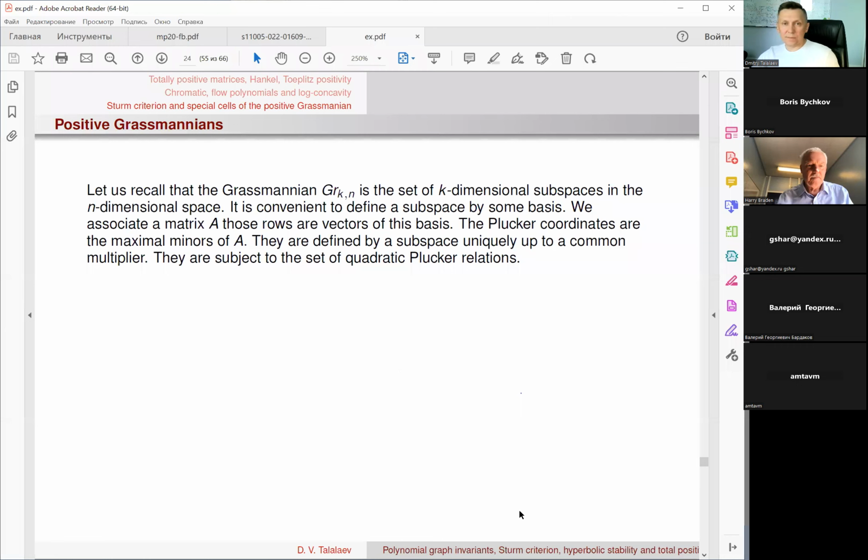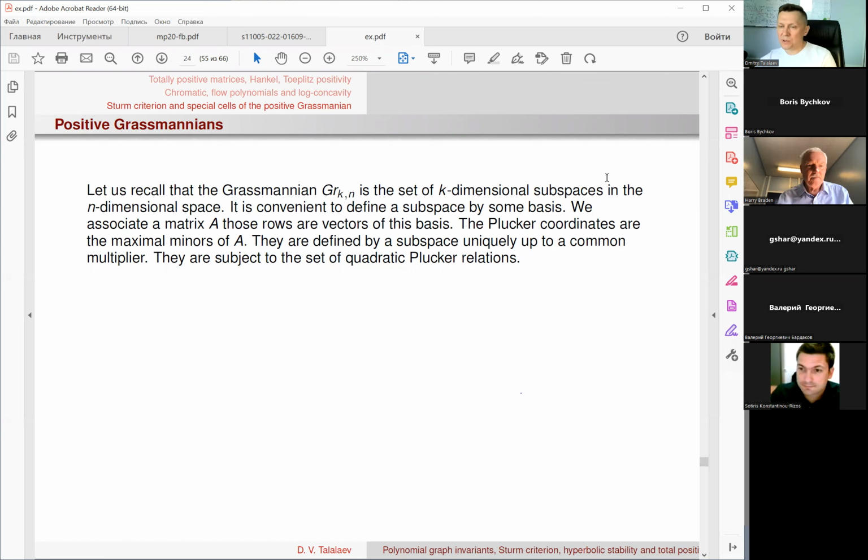Okay, I have some minutes to present some geometric interpretation of this result. So in totally positive geometry, one of the basic problems is to get a positive parameterization of a positive geometrical object. For example, the positive Grassmannian.